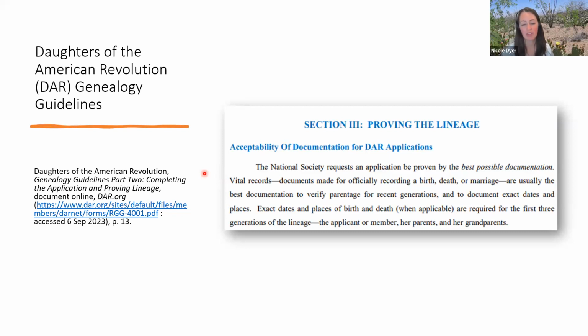They recommend using vital records, especially for the most recent generations. For the first three generations, they want exact dates and places of birth and death. That just means for yourself, the applicant, your parents, and your grandparents. Then when you get back to further generations, they want you to use the best possible documentation that is available.